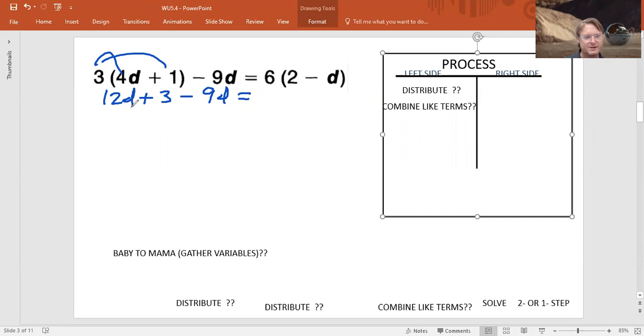Right there, 12D and negative 9D on the left side. Not 90, 9D as in dog. So I'm going to combine my like terms. 12D and negative 9D is 3D. Like Toy Story 3D.